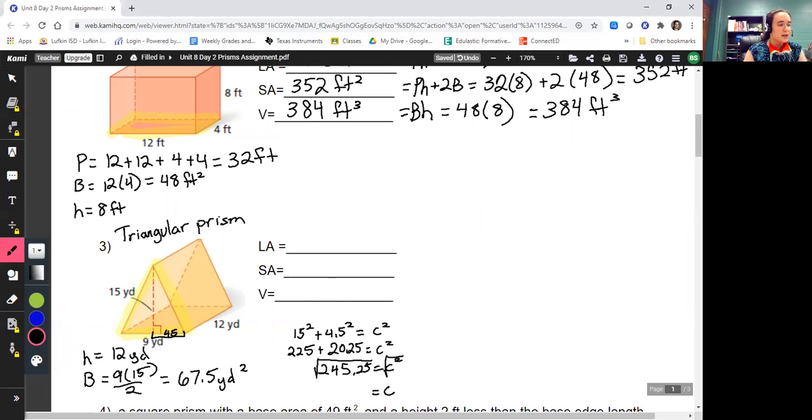Now, I am not going to change that to a decimal until we have our perimeter. So we need to find our perimeter. We're going to add that square root of 245.25 two times, because it's both legs of that isosceles triangle, plus 9.